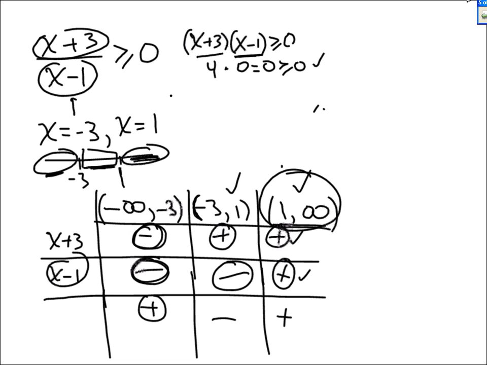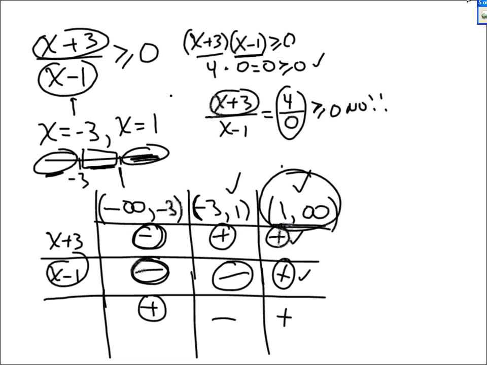The problem is, if you divide, you have x plus 3 divided by x minus 1. If you let x be 1, 1 plus 3 is 4, 1 minus 1 is 0. Is this bigger than 0? The answer is no, because this doesn't make sense. You can never divide by 0. So even though it said equality, I can't allow x to be 1.